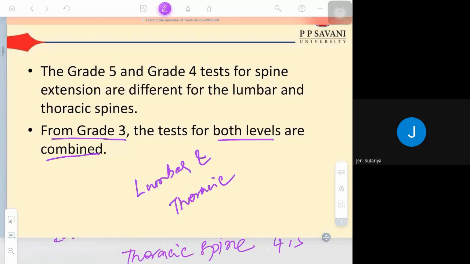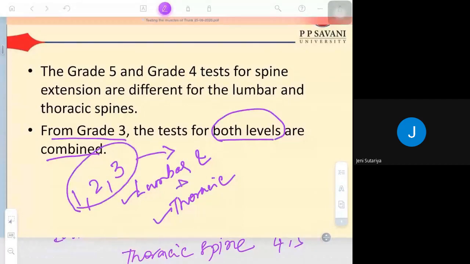Both levels are combined. That is, the position of the patient is same for grades 1, 2 and 3. When you are evaluating the thoracic spine and lumbar spine, the grade 1, 2 and 3 position is same. But when you are evaluating 4 and 5, the test position is different for lumbar and thorax. I think you got what I want to say.